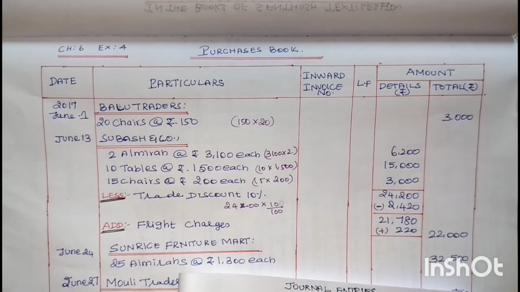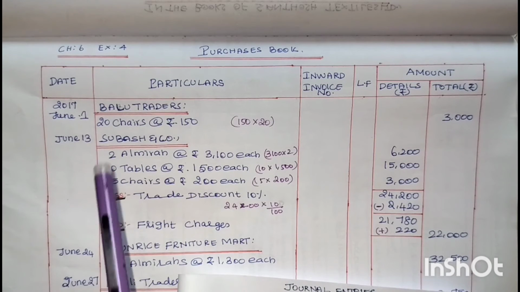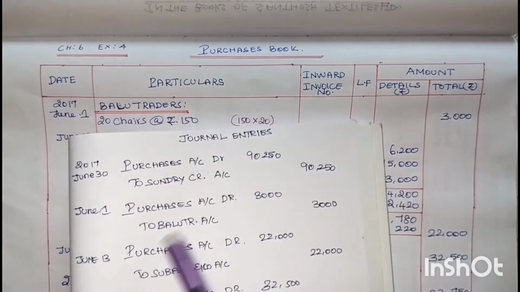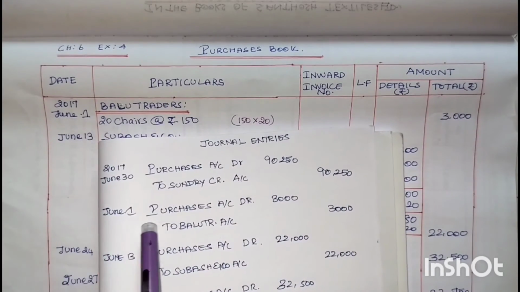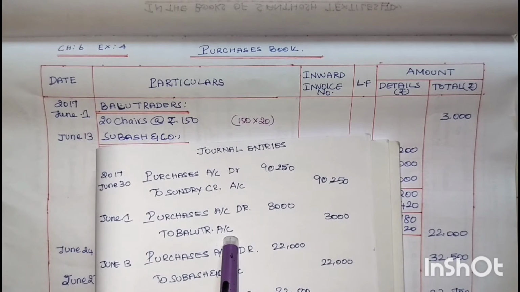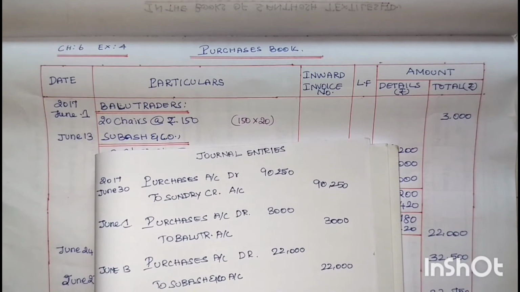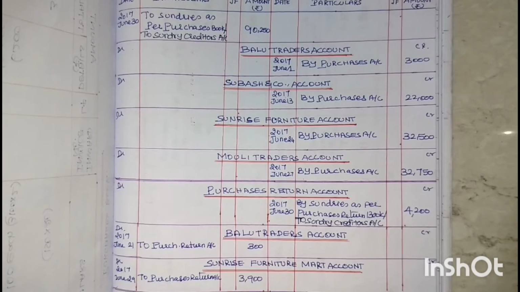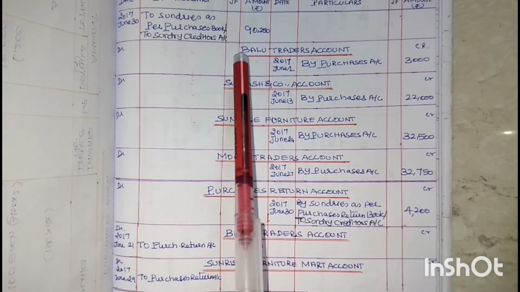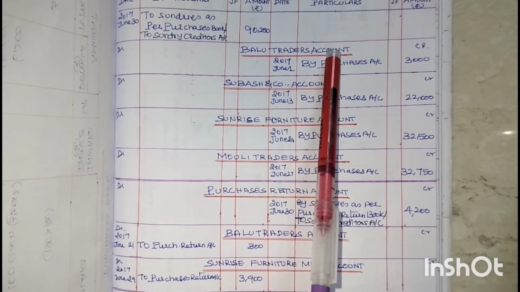What is the next account we have to post into the ledger account? That is Balu Traders. What is the journal entry for Balu Traders? June 1, Purchases Account Dr. to Balu Traders Account, 3,000 rupees. So we enter the name of the account at the top middle: Balu Traders Account.